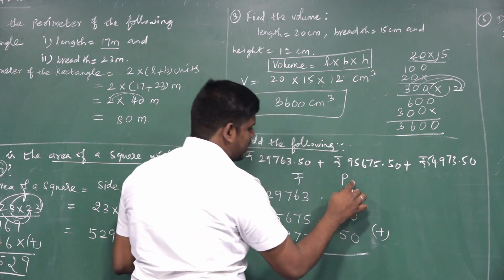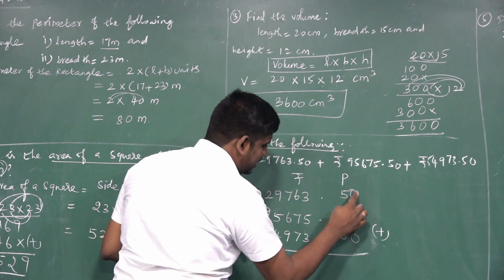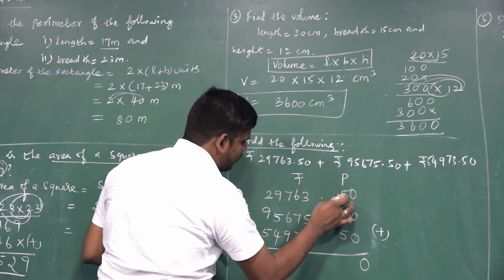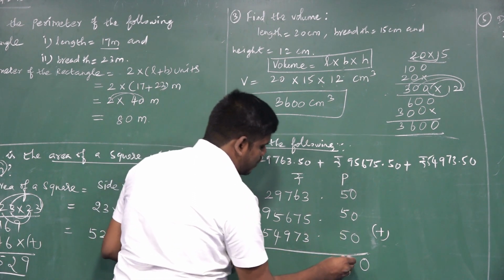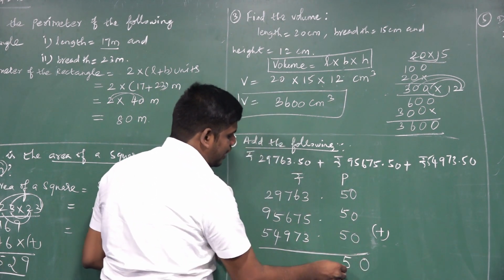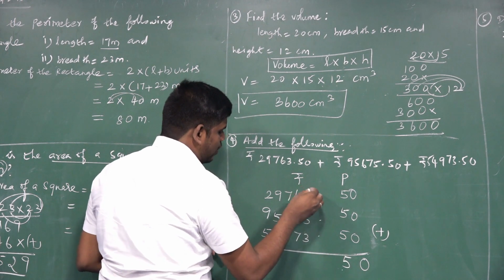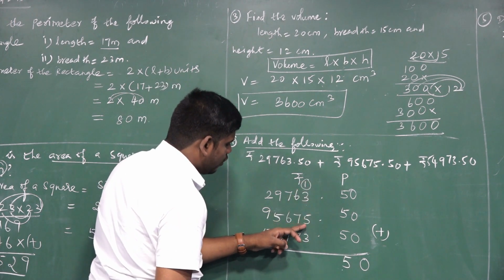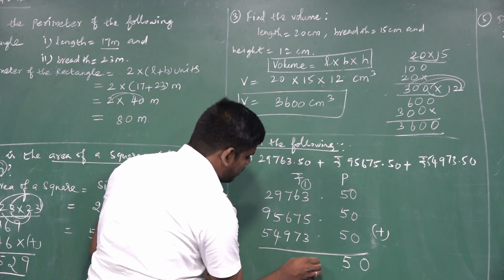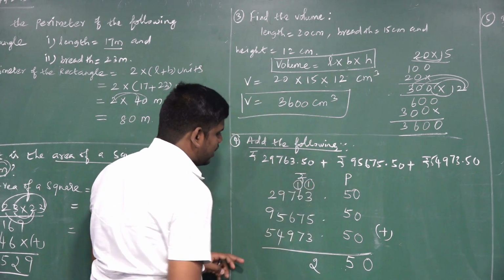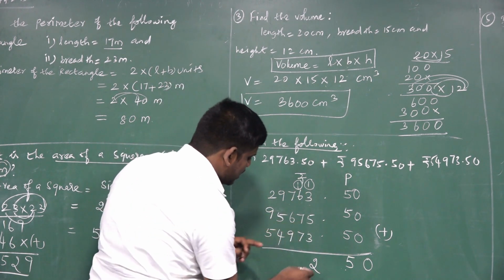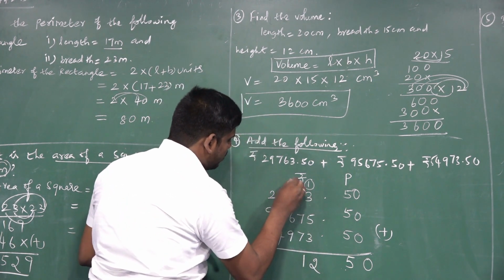Then we add. First we add the ones digit. All the digits are 0, we write 0. Then add the tens digit. 5 plus 5, 10, 10 plus 5, 15. We write the 5 in tens place. We keep the 1 in hundreds place. Then add 3 plus 1, 4, 4 plus 5, 9, 9 plus 3, 12. We write remaining 2 here and carry one. 6 plus 1, 7, 7 plus 7, 14, 14 plus 7, 21. We keep 2 here.